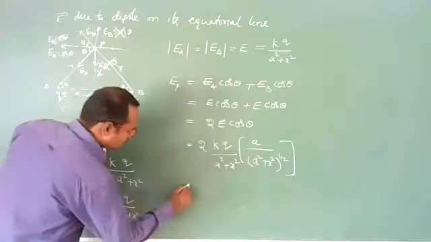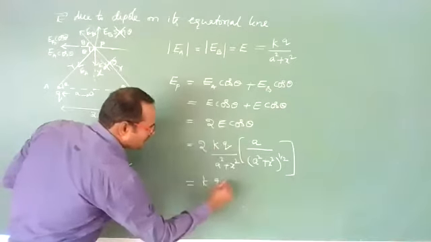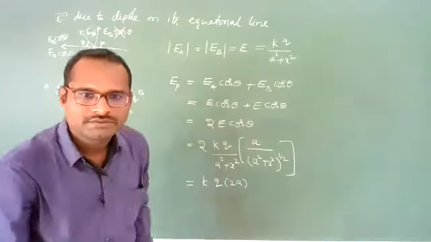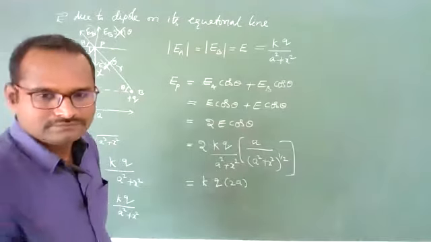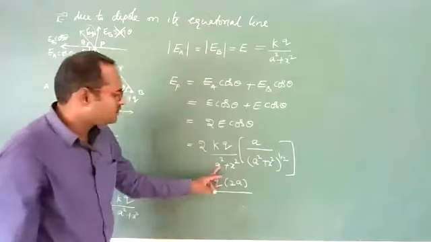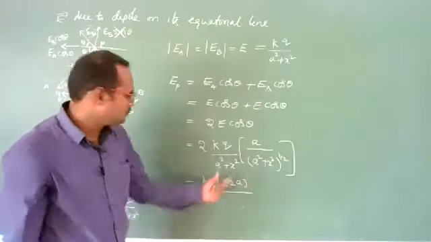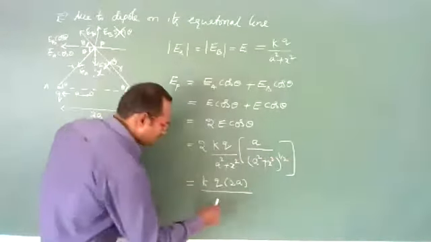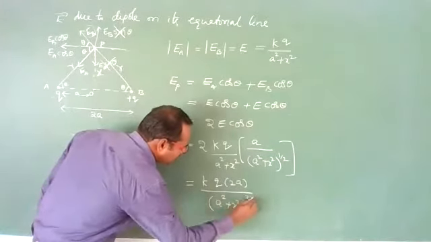So this can be written as KQ into 2a, divided by a square plus x square into (a square plus x square) whole power 1 by 2. So the base is common, here power 1 is there, here power 1 by 2 is there, so we should add the powers. It is (a square plus x square) whole power 3 by 2.